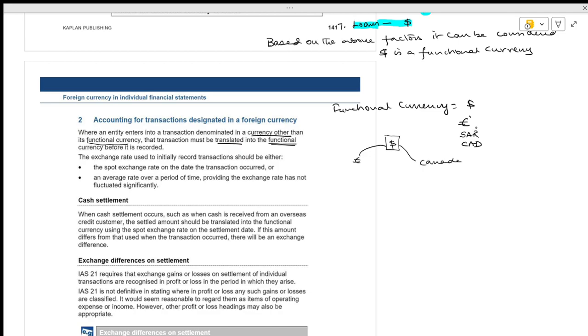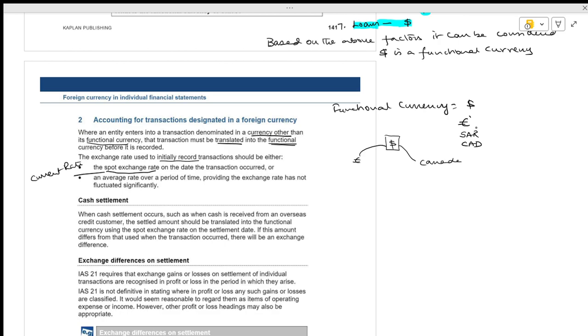The exchange rate usually initially recorded should be the spot exchange rate, which is simply the current rate, because the exchange rate will change. You have electronic kiosks in most banks, and at airports we come across exchange houses where the rate of the currency changes.